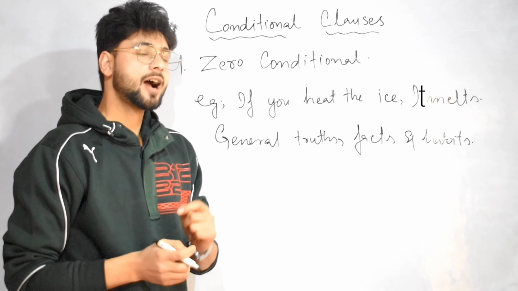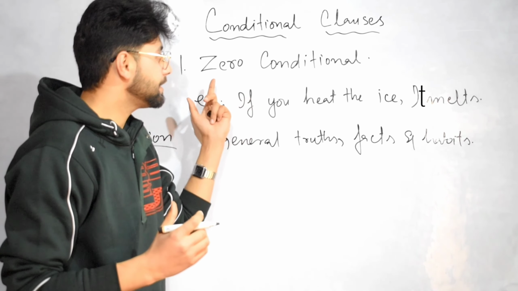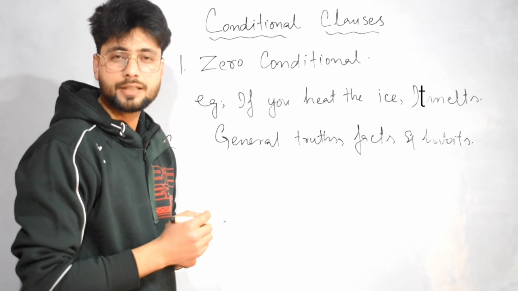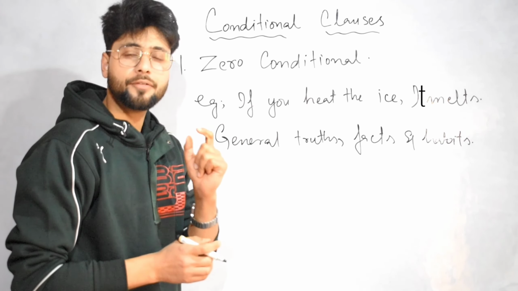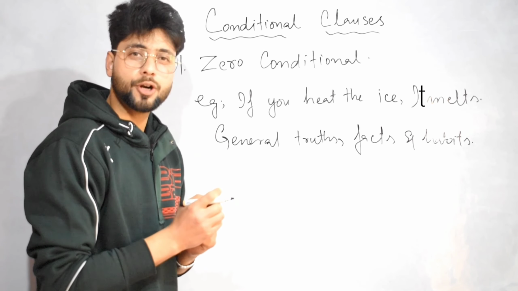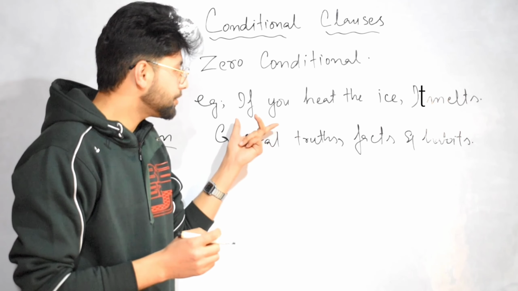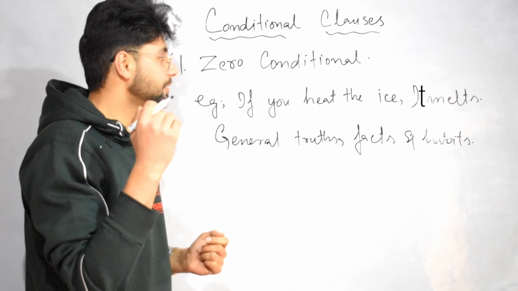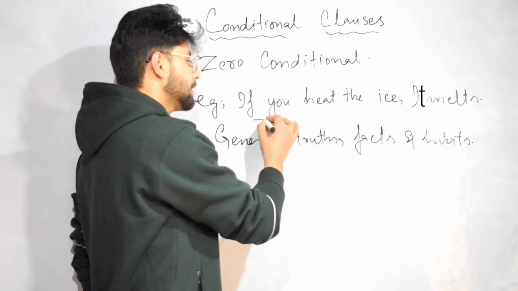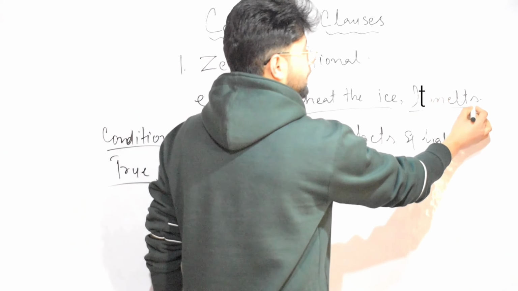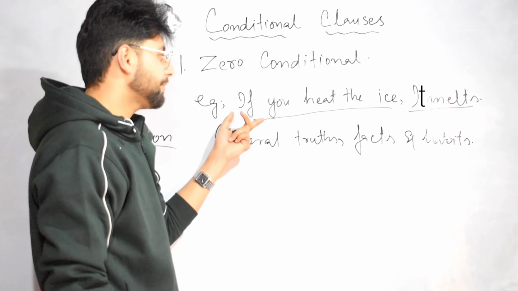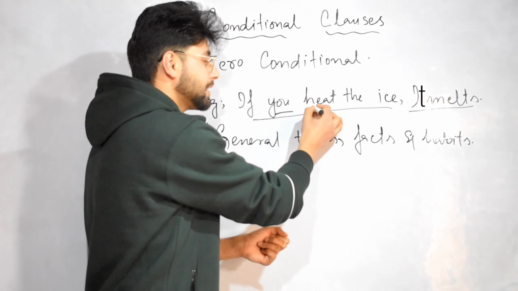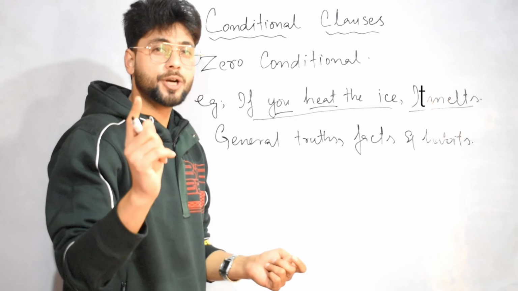Now, the point is, how do we use zero conditional? In order to use zero conditional clause, we have to go through a format. What is format? For the same, you can take the format from here. If you know tenses, then it will be easy for you to get the tense here. If you heat, you subject heat, first form of verb.